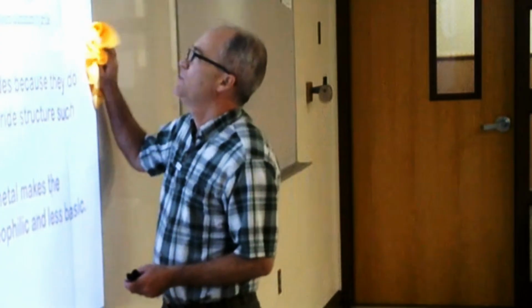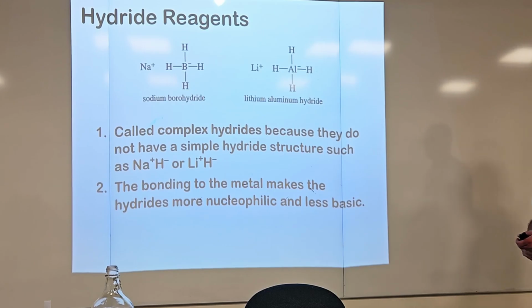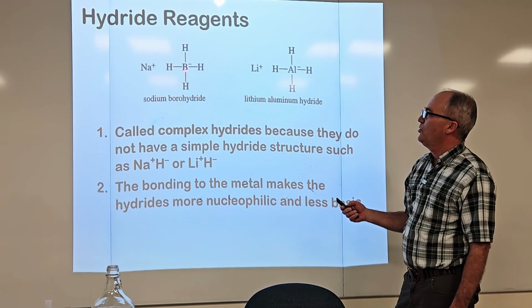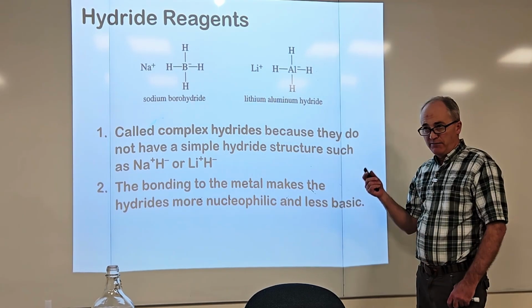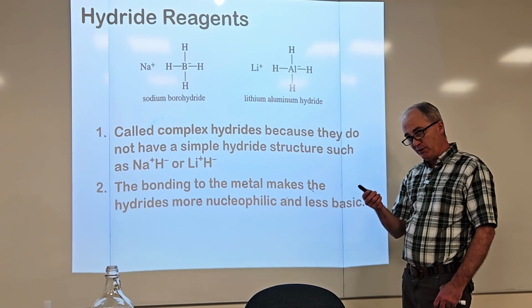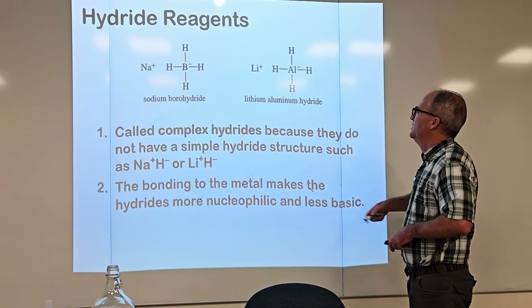So there are 2 common hydride reagents. There's actually more than just 2. Sodium borohydride, based on boron, and this thing called lithium aluminum hydride. If you look at the periodic table over there, you see a Roman numeral 3 above aluminum.